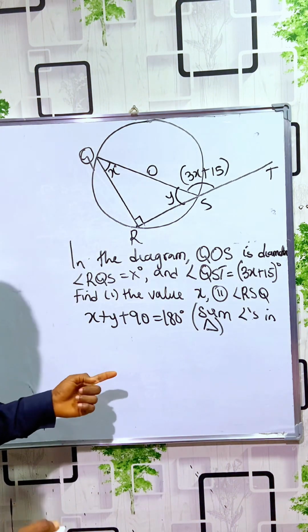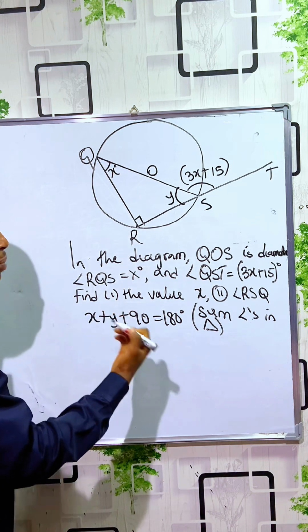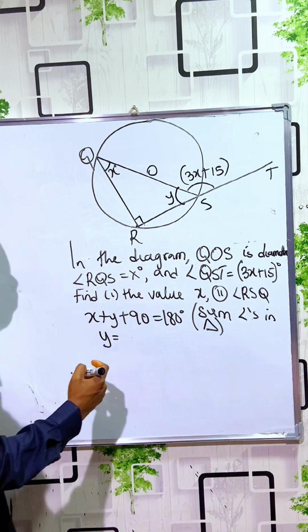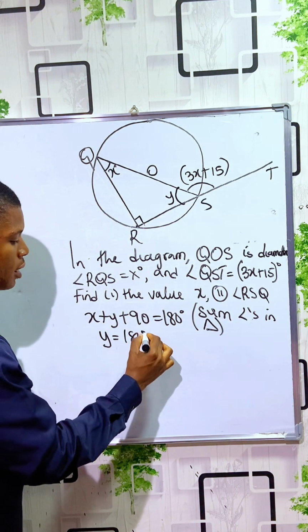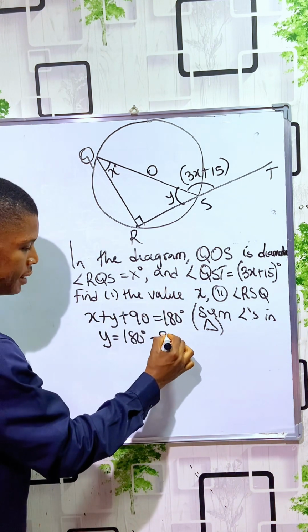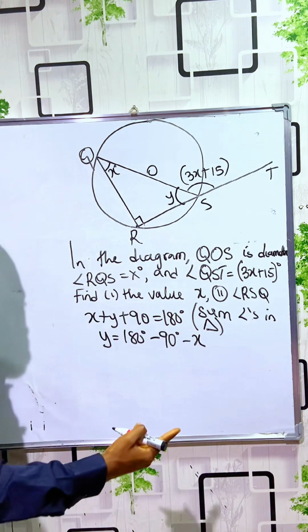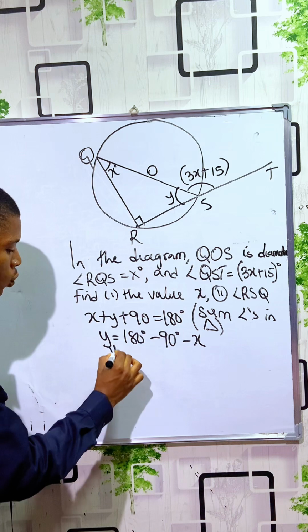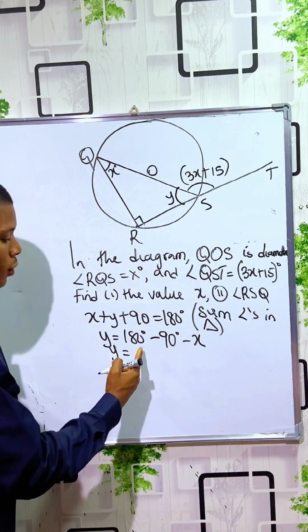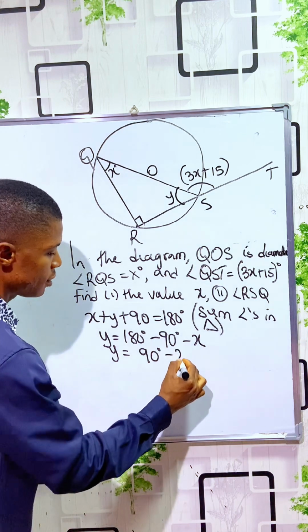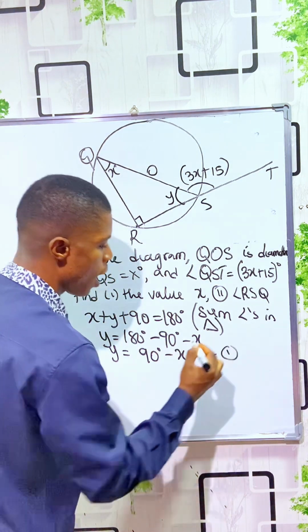Let's make y the subject of the formula. y is equal to 180 degrees minus 90 degrees minus x. 180 minus 90 is 90 degrees minus x. That's our first y.